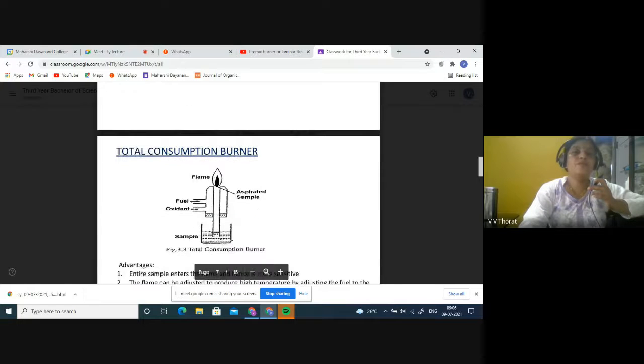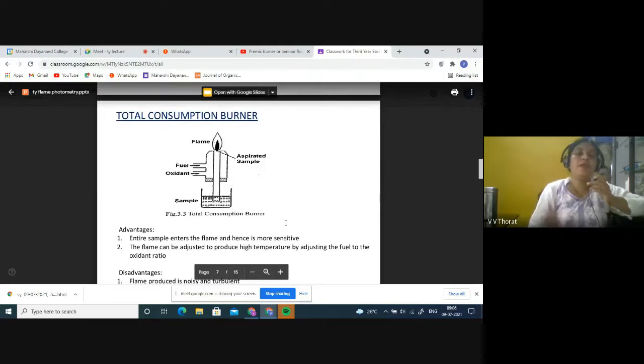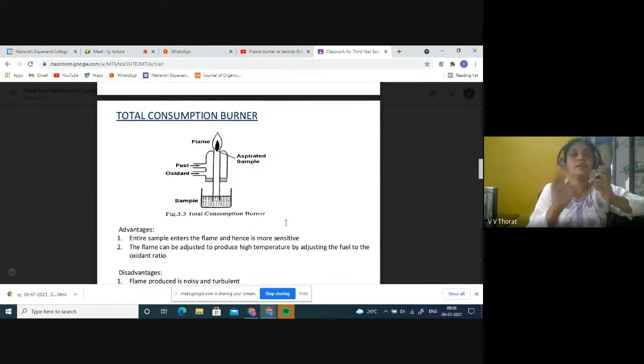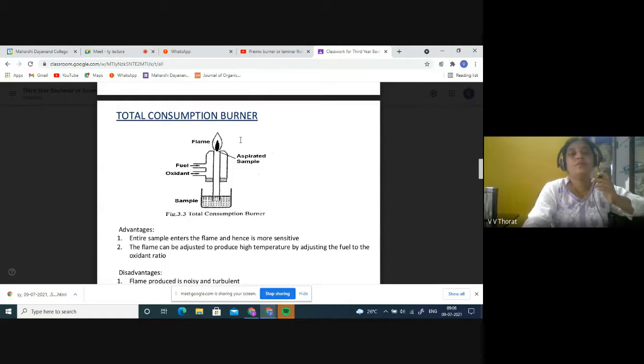Now we come to our total consumption burner, which we had done last session. Again, I am revising. You will first draw this diagram. Once you draw the diagram, you will get 2 marks. Then you will explain. It is so easy. It consists of three tubes.